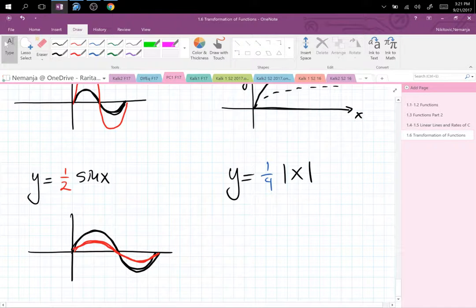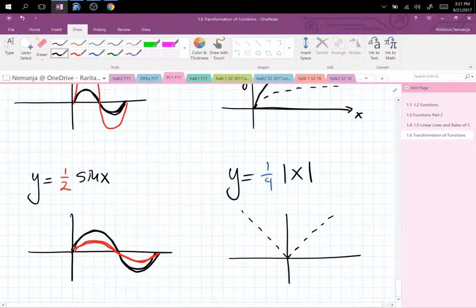Well, I'm going to draw the default case in black dotted ink, even though this is not ink. And then 1/4 is going to be that.